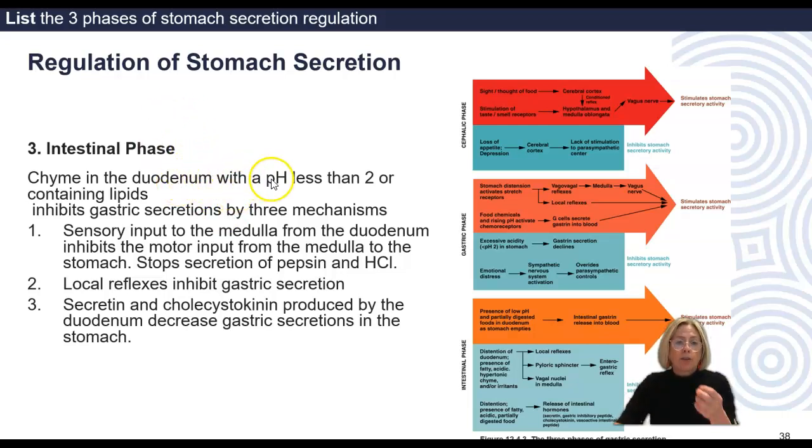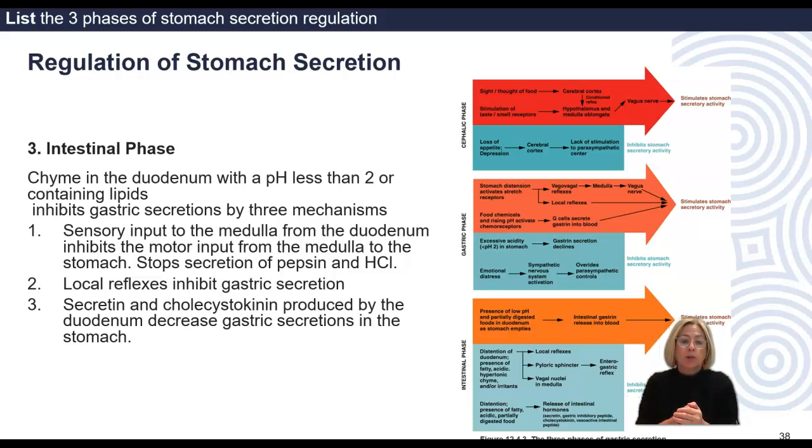So the chyme in the duodenum with a pH less than 2 or containing lipids will inhibit gastric secretions via 3 mechanisms. Firstly, sensory input to the medulla from the duodenum inhibits the motor input from the medulla to the stomach. So you get the cessation or stopping of secretion of pepsin and hydrochloric acid.